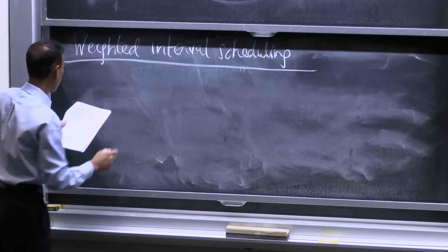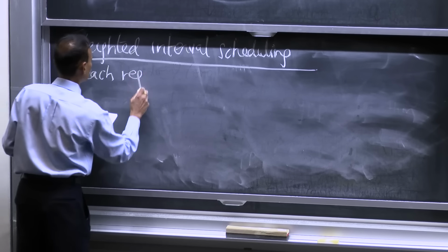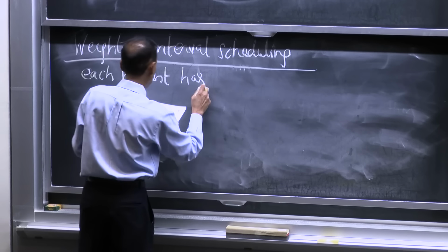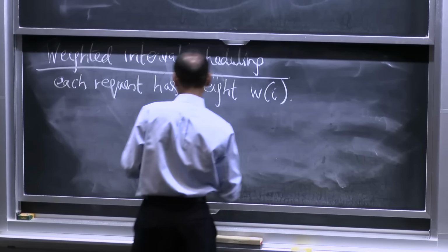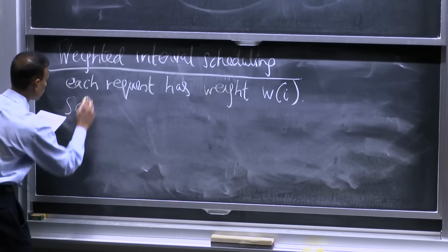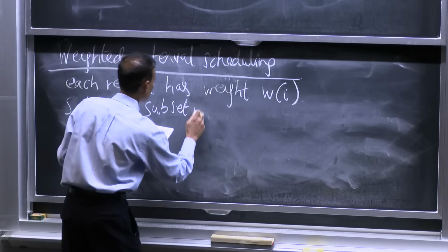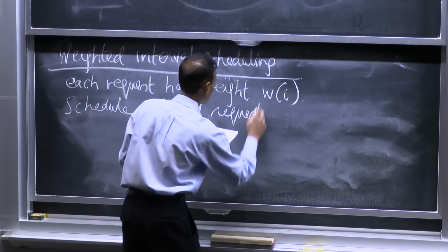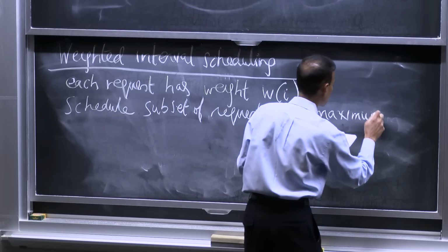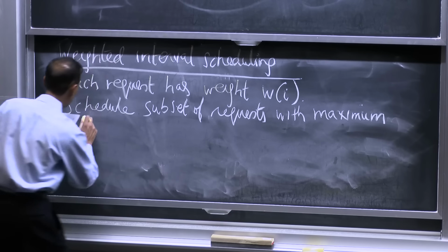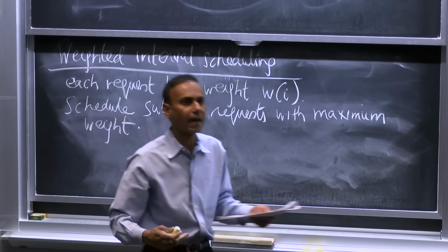What happens here is each request has weight wi, and what we want to do is schedule a subset of requests with maximum weight. Previously all weights were 1, so maximum cardinality was what we wanted, but now we want to schedule a subset of requests with maximum weight.